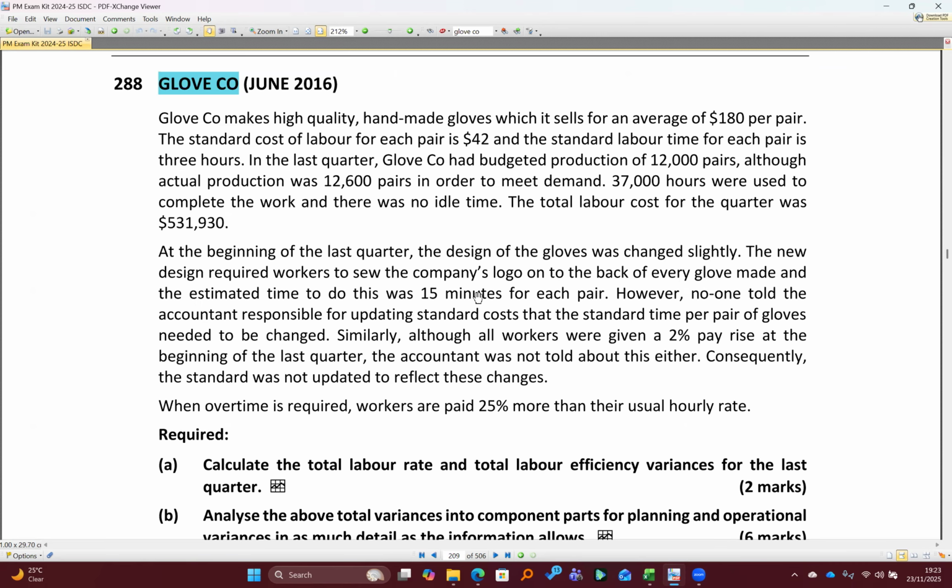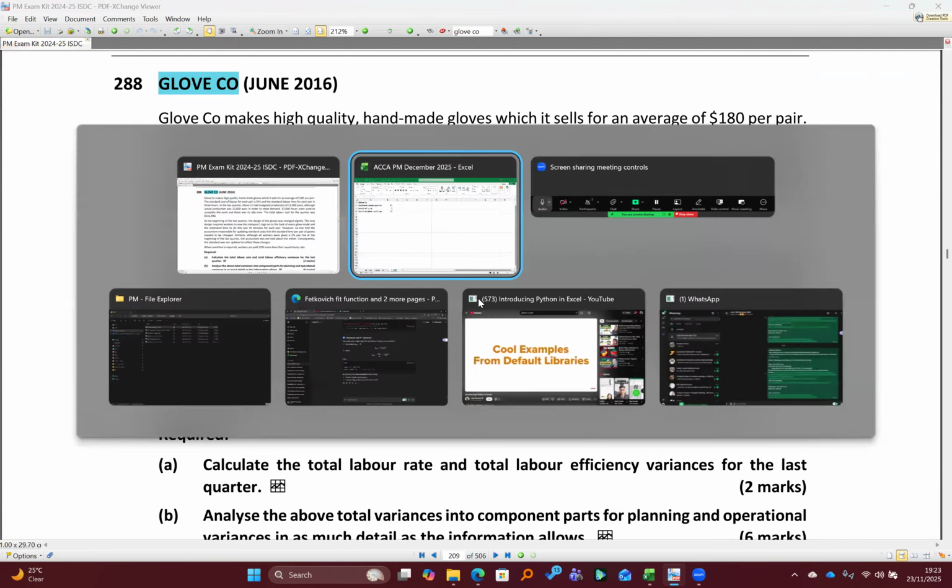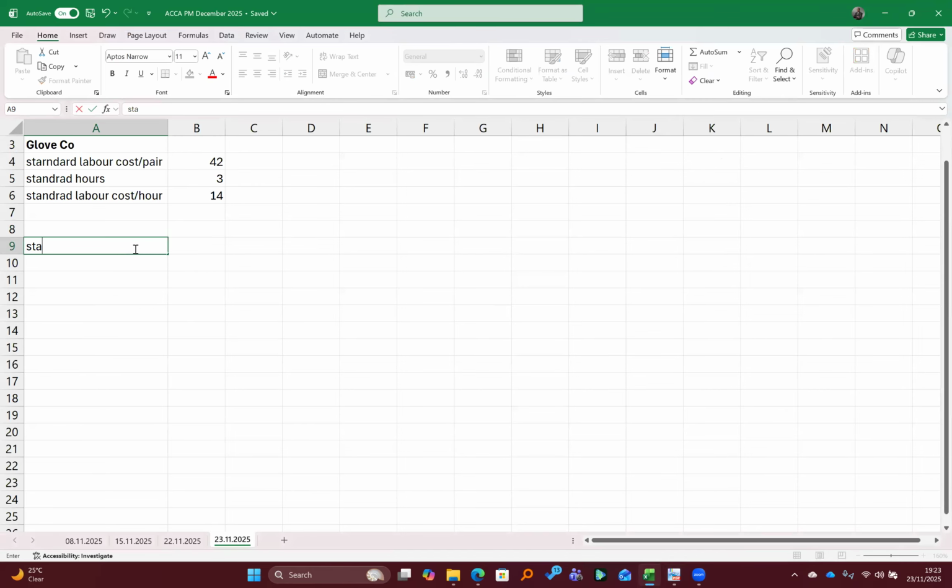Now, to get the labor rate variance, we look at the standard rate, then we look at the actual rate, then we can determine the variance in terms of rates, and then we can look at how many hours.